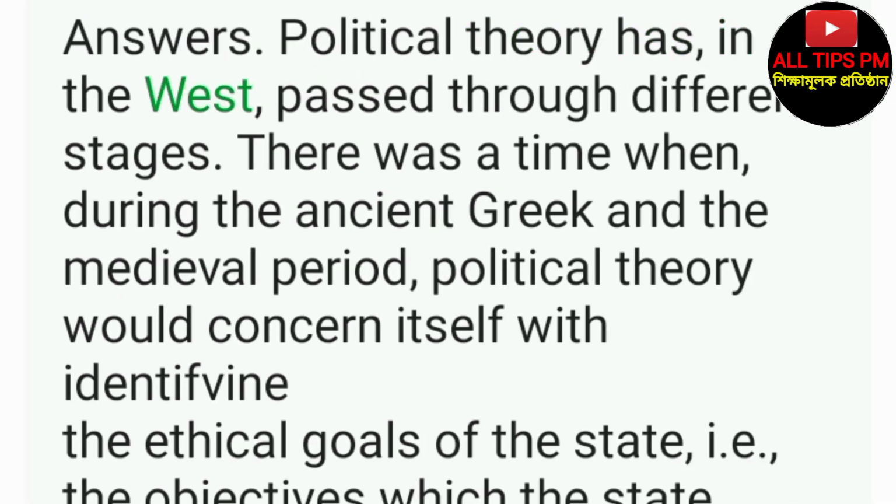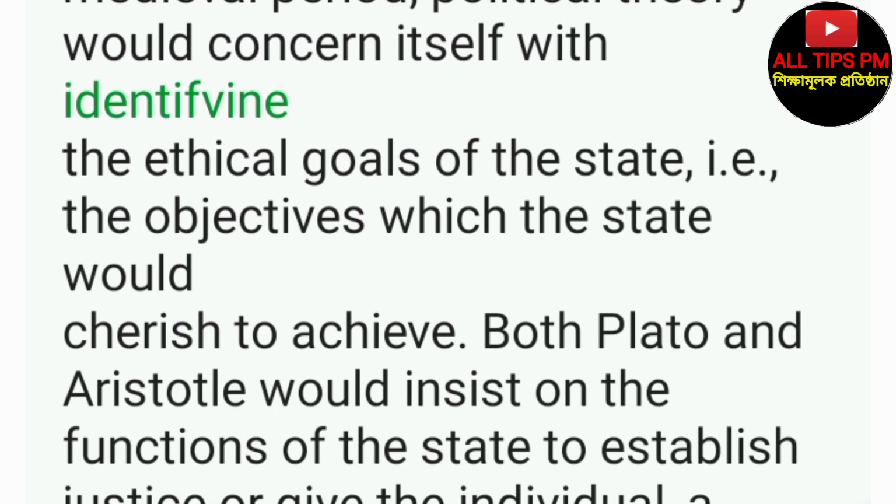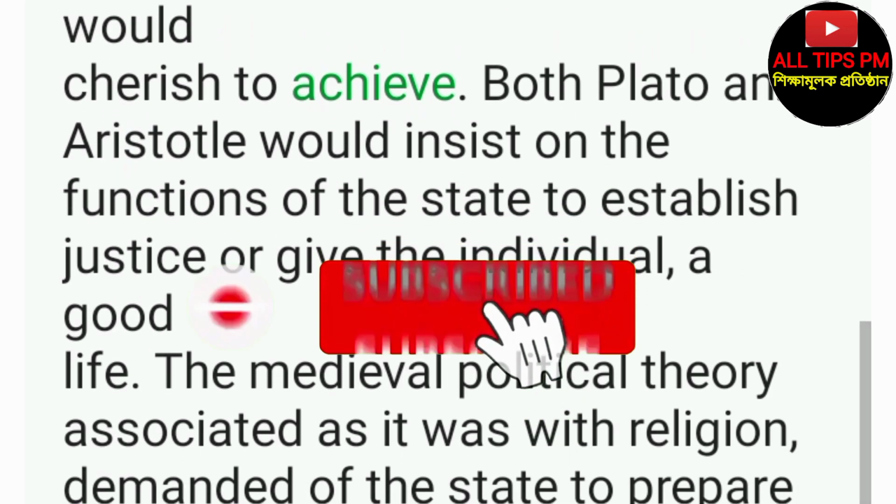Political theory has, in the West, passed through different stages. There was a time when, during the ancient Greek and the medieval period, political theory would concern itself with identifying the ethical goals of the state, i.e., the objectives which the state would cherish to achieve.